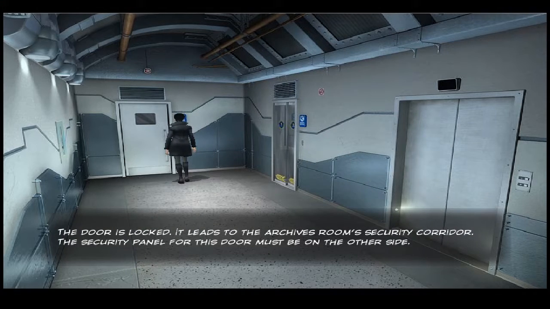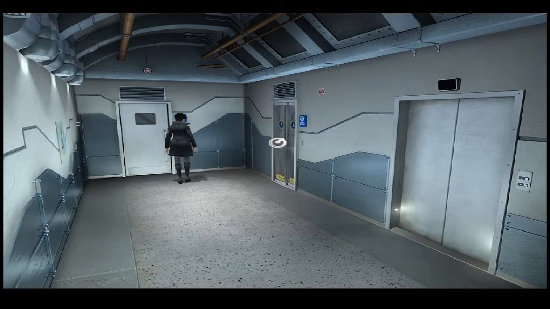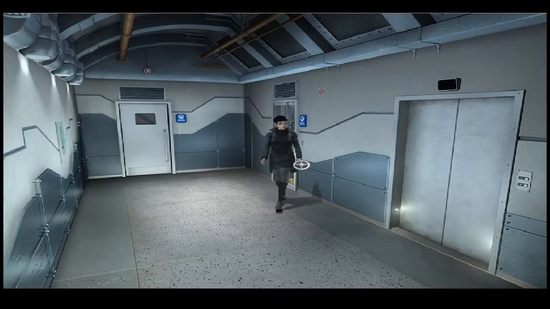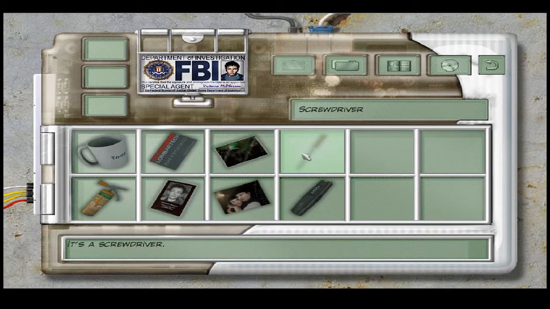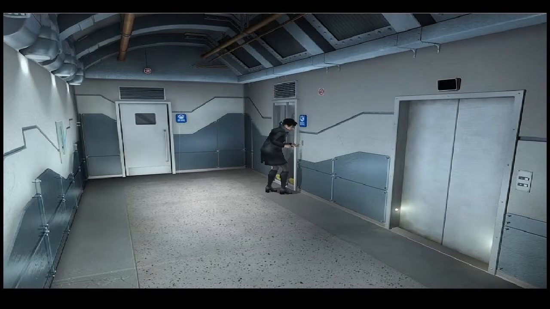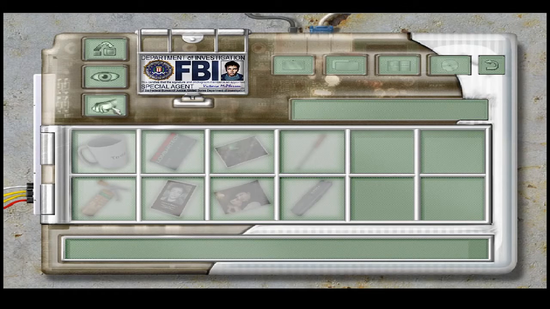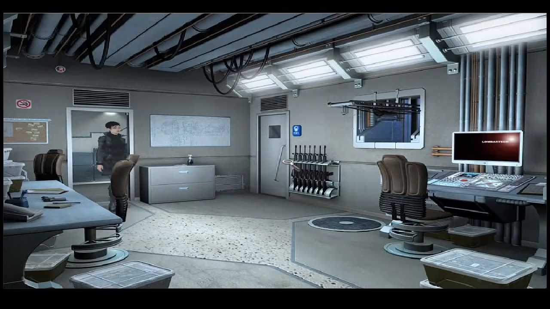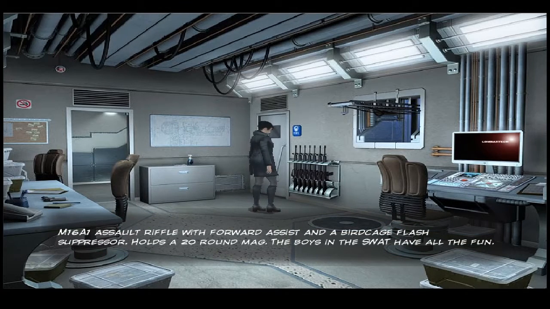The door's locked. It leads to the archives room security corridor. The security panel for this door must be on the other side. This door leads to the bomb squad room. It's electronically locked. Maybe if I jolt the circuits, it will open. M16A1 assault rifle with forward assist and a birdcage flash suppressor holds a 20-round mag. The boys in SWAT have all the fun.